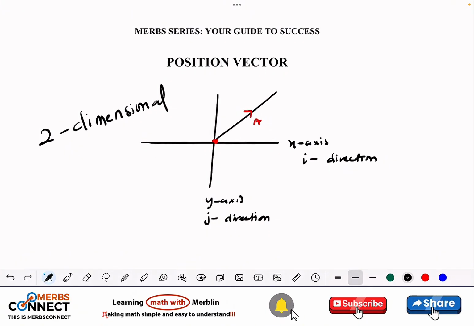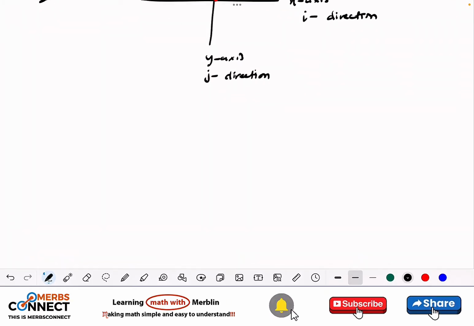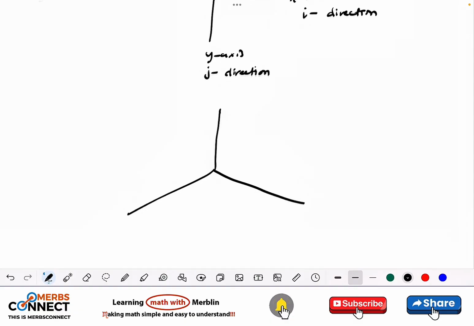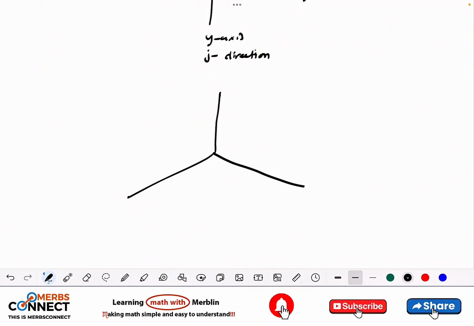Now let's look at the three dimensional aspect. The three dimension is going to be something like this. We did Math 101 and looked at how to sketch on the XYZ plane. So this is the x-axis, this is the y-axis, and this is the z-axis.